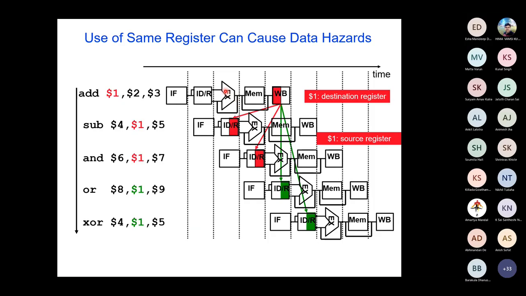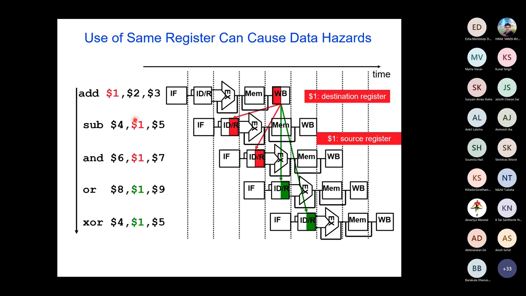Because the execute is finished after the 3rd clock cycle and the result will be stored in the pipeline register. So the updated value of $1, even though it is not copied here, is still available in the pipeline register. Yes or no?